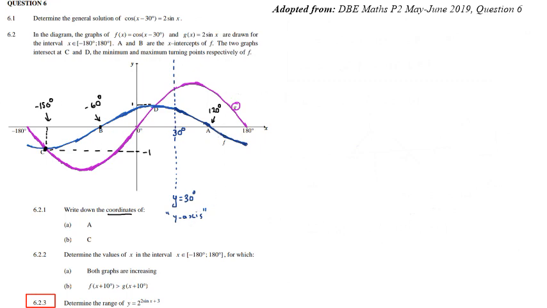Let's go back to the original cosine of x, and I'm just going to draw it between minus 90 and 90. We know that it starts there at 1. It goes down to 90 on this side and down to minus 90 on this side.